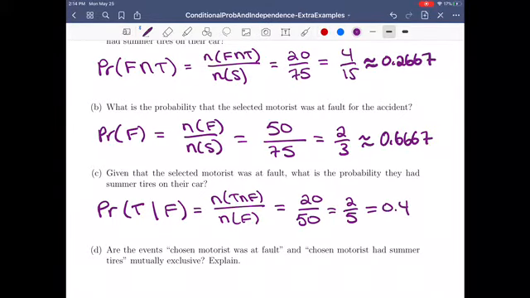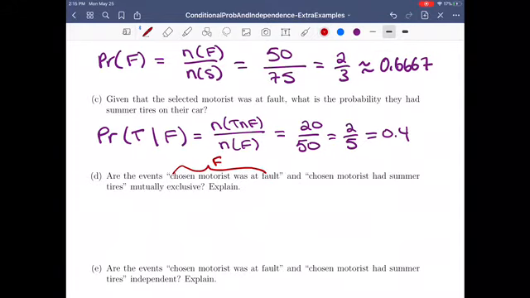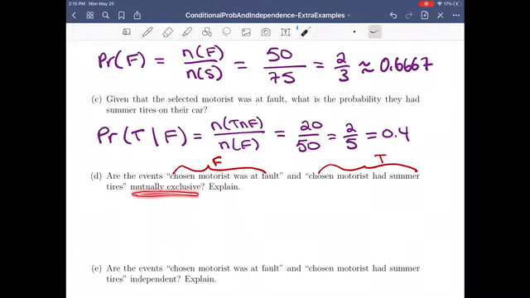Now, are the events "chosen motorist was at fault," event F, and "chosen motorist had summer tires," event T, mutually exclusive? Remember, mutually exclusive means they cannot happen at the same time.